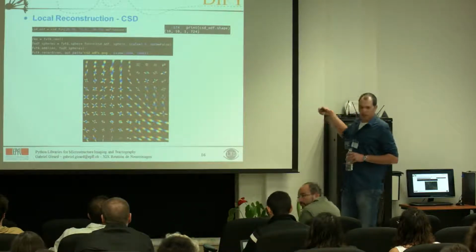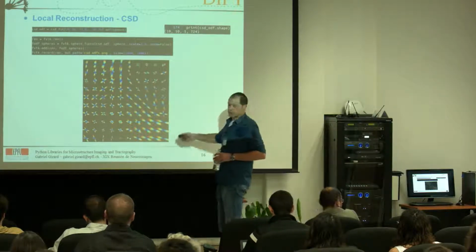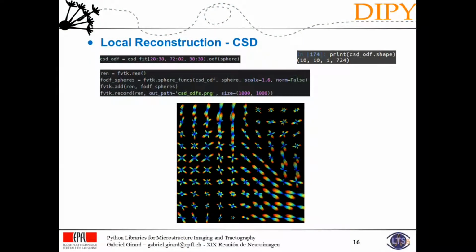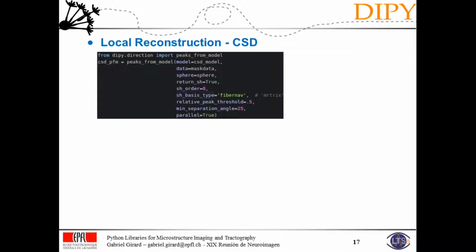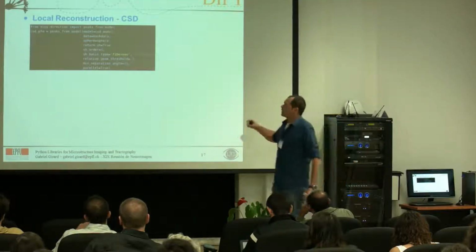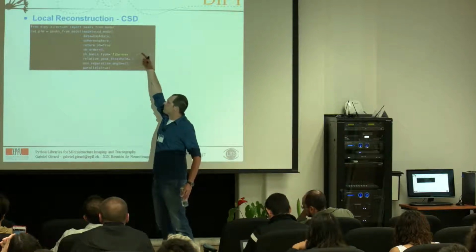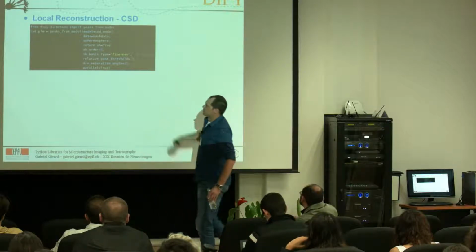And again, DIPy offers some visualization tool for the ODF, which might be very useful. This is a 3D view, so you can play with that with the view in the code. If you would like to get the peaks of the ODF, for instance, for tractography, or to look at the number of peaks in every voxel, or if you want to use the peaks for fitting some other model, you can call the function which is called peaks_from_model, which defines the model that you want, the data, the resolution of the sphere, and many other parameters that you can look at.